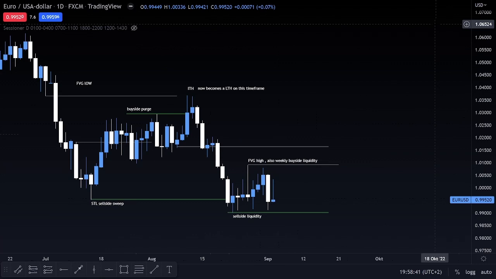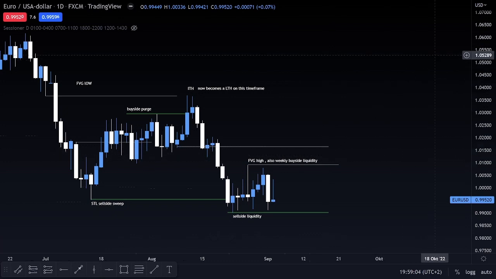Right now, price is inside here, so we are inside a weekly range. This high here represents the previous week's high, and this low here represents the previous week's low. We also know the space between this line here and this line here is a weekly fair value gap.